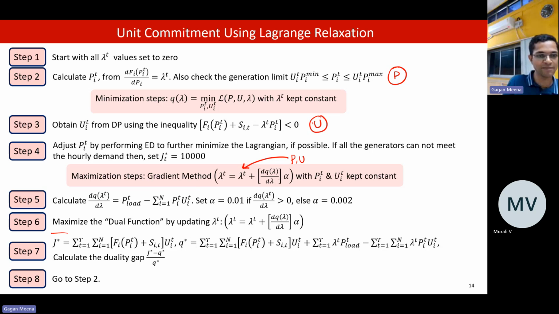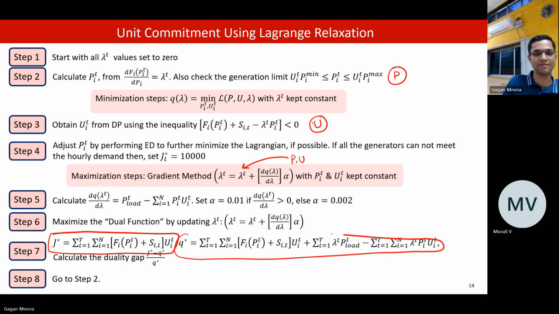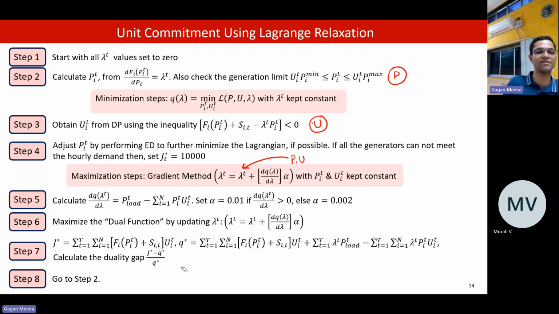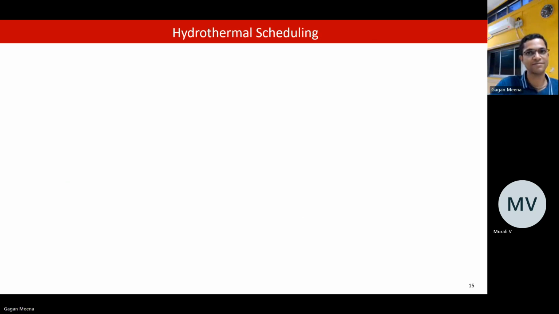For each sub problem, this is our sub problem, which is simpler, and this was our original problem. And as the iteration goes on, the gap between these two will reduce. And if it reduces below a certain tolerance, we can say that yes, we have achieved the minimum. We have reached the solution.